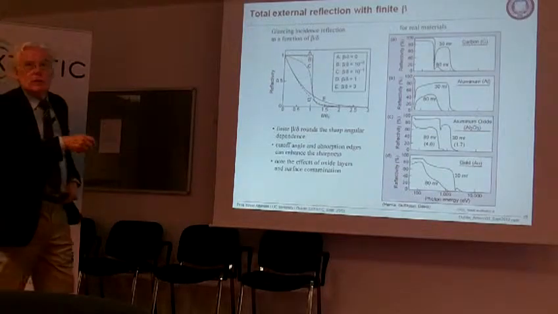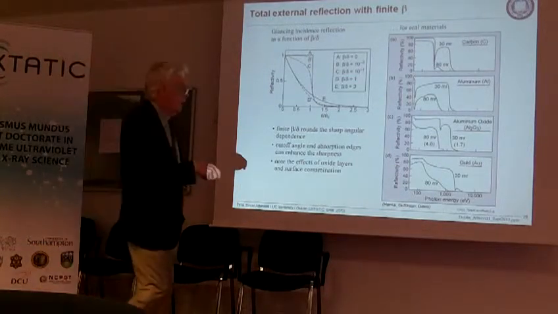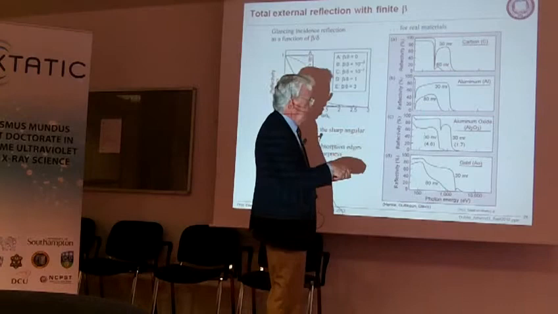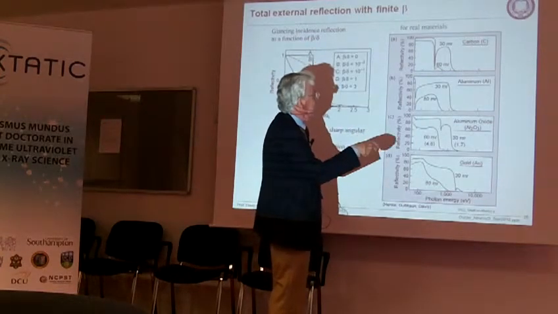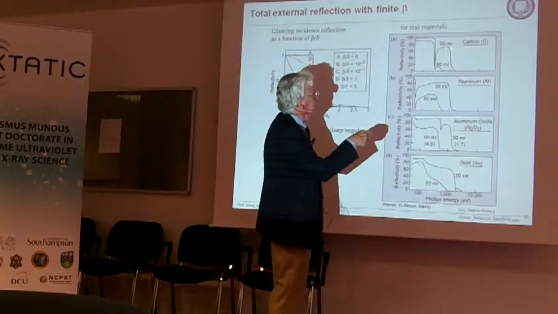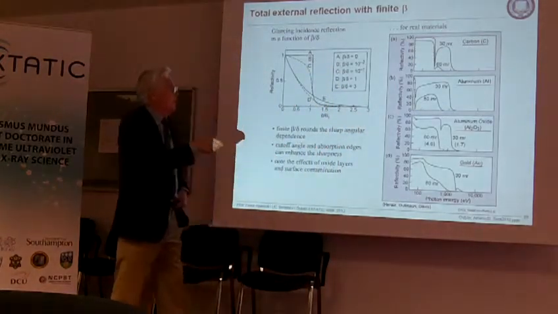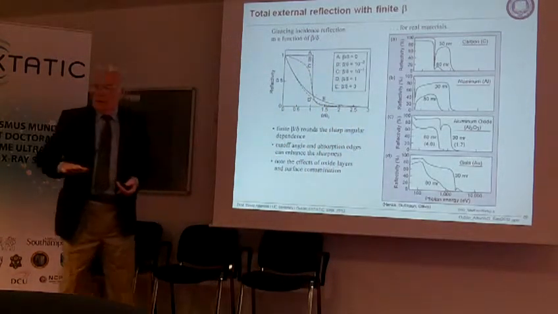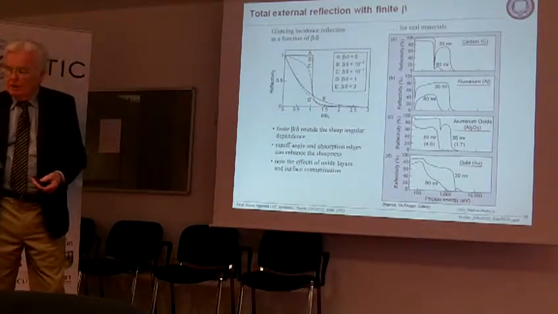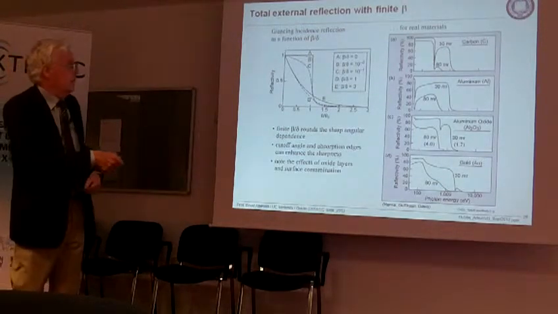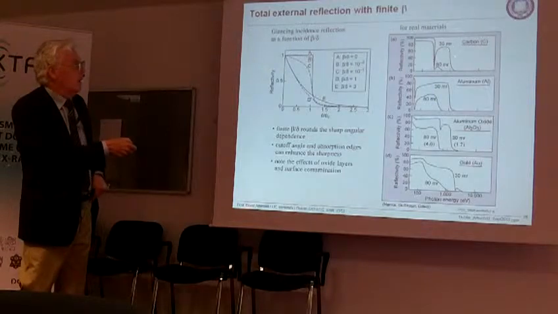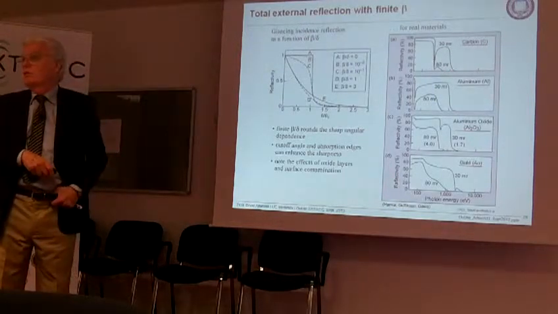As you go to higher photon energies, you also have to take into account the absorptive effects. So this is saying that if you had a carbon mirror and you came in at these different angles in milliradians, what kind of reflection could you see?